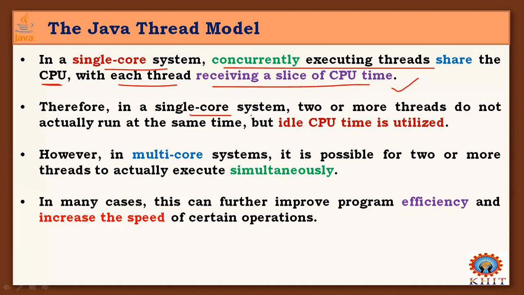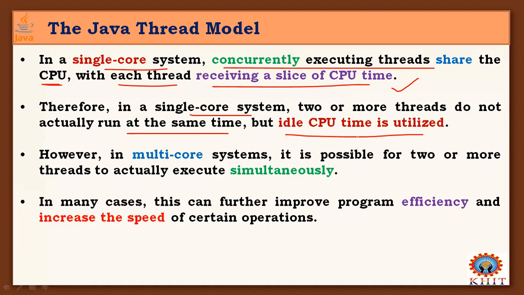Therefore, in a single core system, two or more threads do not actually run at the same time. Concurrently means the threads do not actually run at the same time, but it seems that they are. But idle CPU time is utilized by using this concurrently executing threads concept.